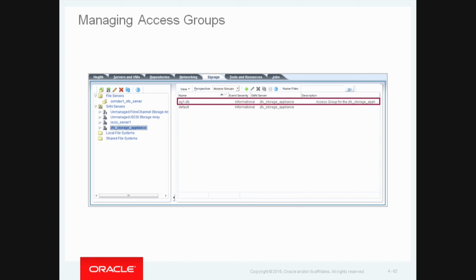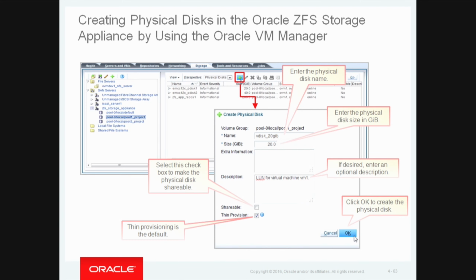So once this is configured, you will also find the ZFS appliance and the ZFS access groups in your tabs, and you can create additional disks from here, as if you were an administrator of the ZFS appliance.